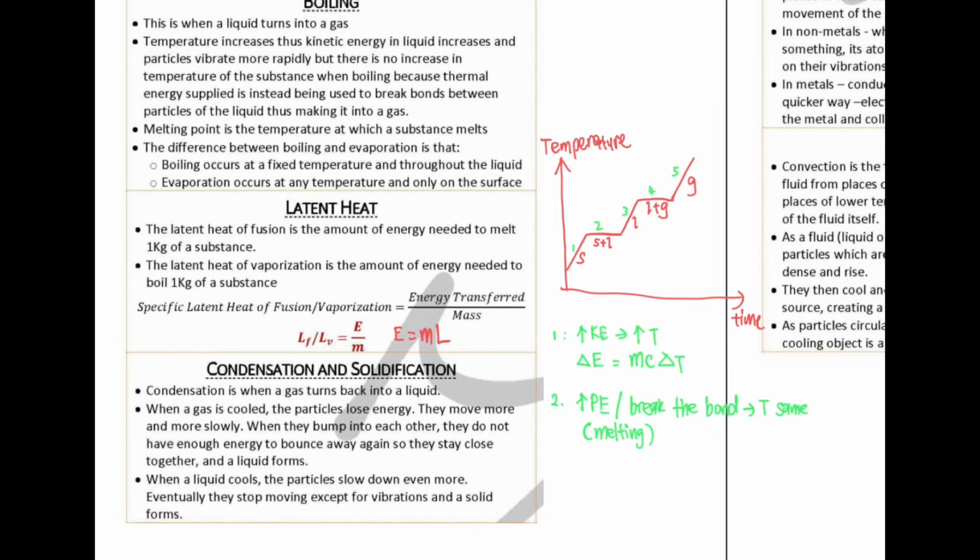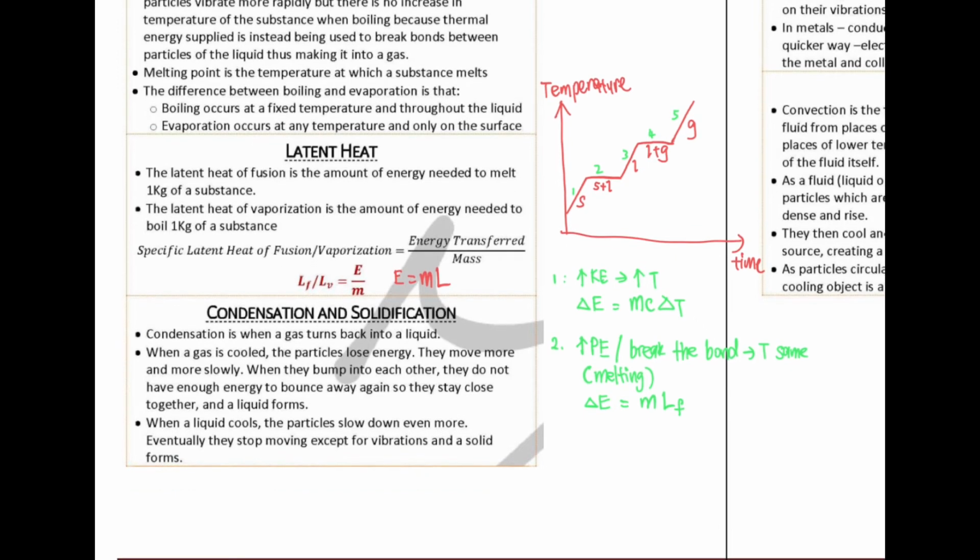After that, let's continue with what we discussed just now. Number 2, we use E equal to ML. E, or delta E, that's fine. Delta E equal to ML. The L here is latent heat of fusion. So that's the formula to be used in number 2.